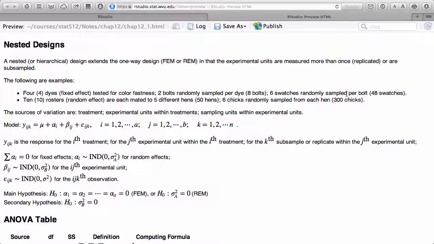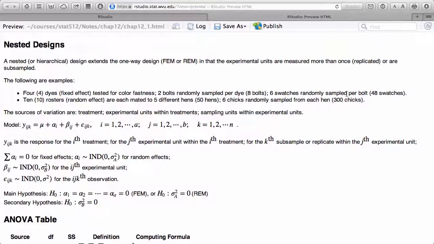So it could be completely random, where everything is random, or it could be that the main effect, the treatment effect you're interested in, is fixed. That depends upon the nature of those treatments. Am I interested in those specific treatments, or do I have a sample of treatment effects that I'm interested in from some larger sample?